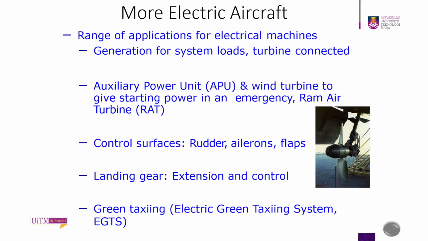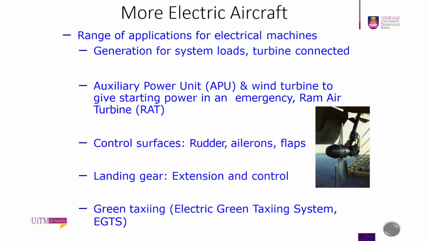We have this wind turbine to give static power in an emergency, the ram air turbine. And for the control surfaces, it has to be rudder, aileron, and flap. And for the landing gear, how you control the extension and control of the landing gear.